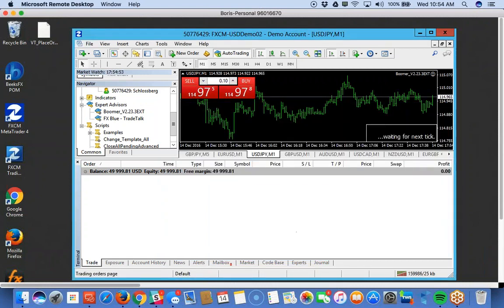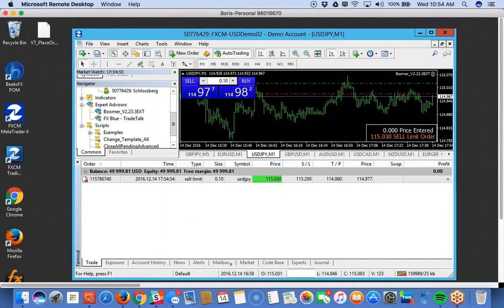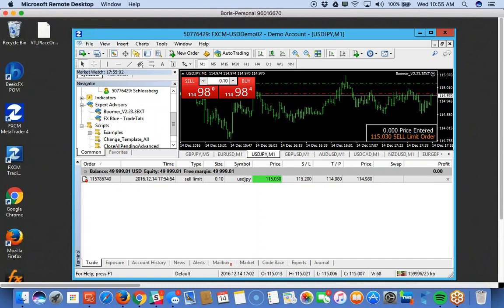This will now lay out an offer at 115.03. If the thing rallies to 115.03, it will sell it. And if it continues to rally to 115.12, it will sell it again. It will use this inventory management technique to basically bang in and take in pips.